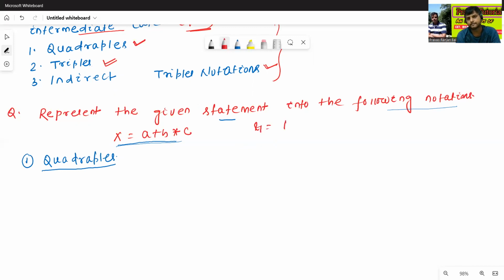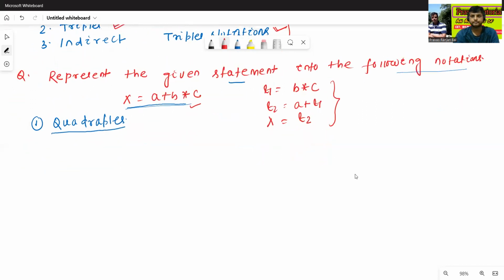So T1 equals B star C. T2 equals A plus T1, then X equals T2. Now this is the three address code of the given statement. Now we have to convert it to quadruples notation.